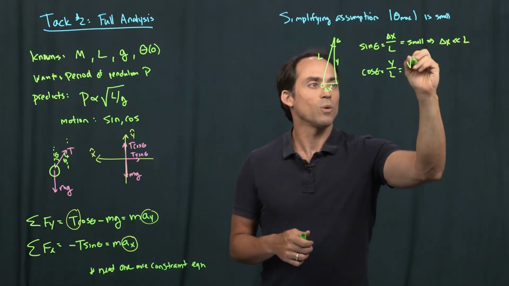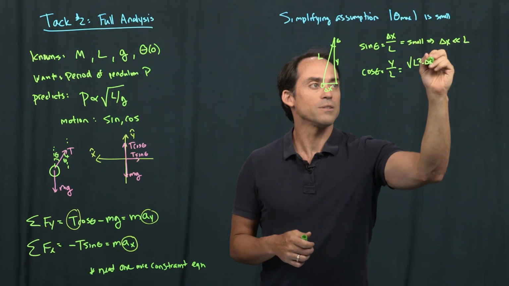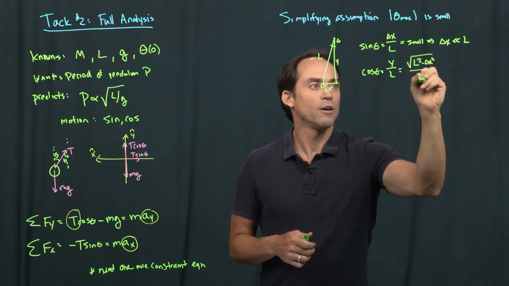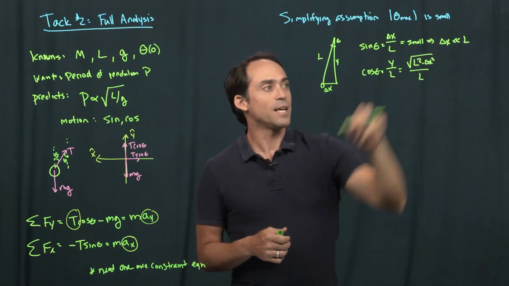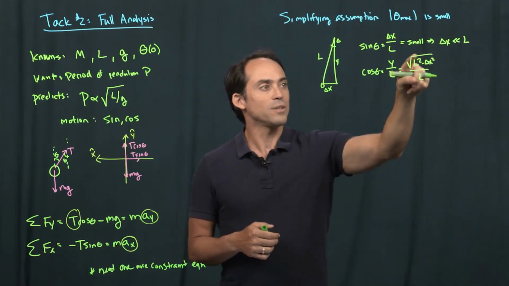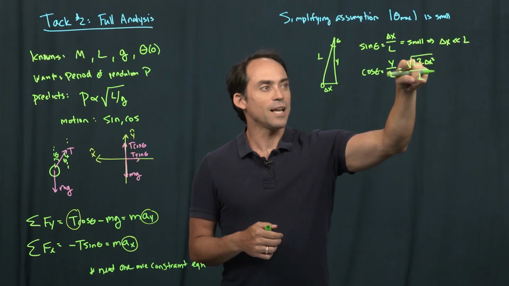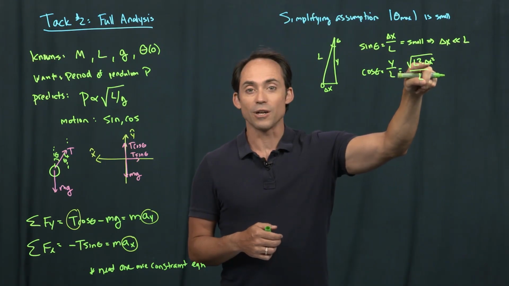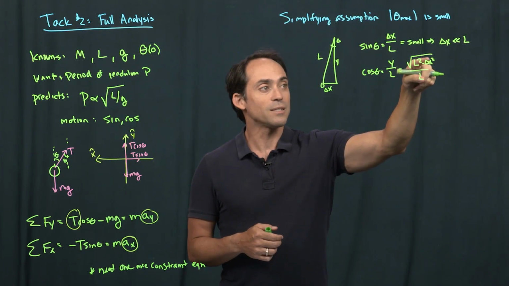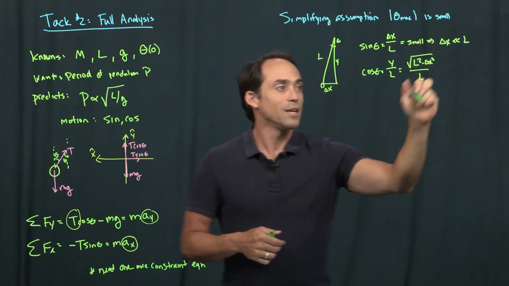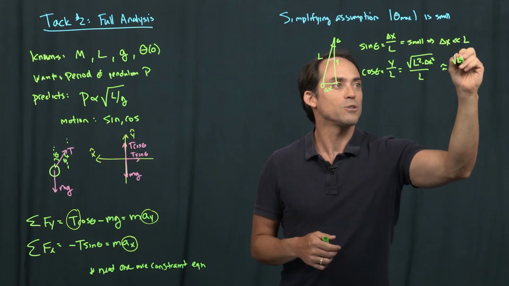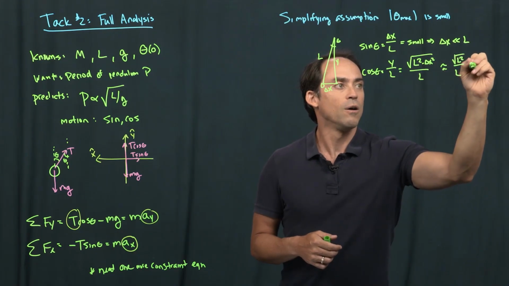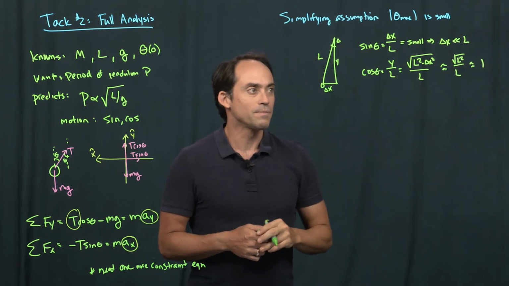This is just the square root of L squared minus the x displacement squared, square root of that over L. And notice that I put delta x is much, much less than L. So this subtraction here is taking a very large number and subtracting a very small number, which actually doesn't make much difference. So at small angles, this is going to be very close to square root of L squared over L, or approximately 1.